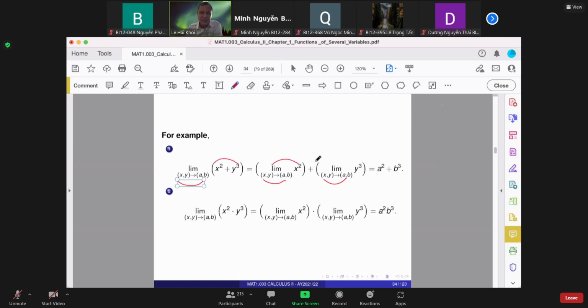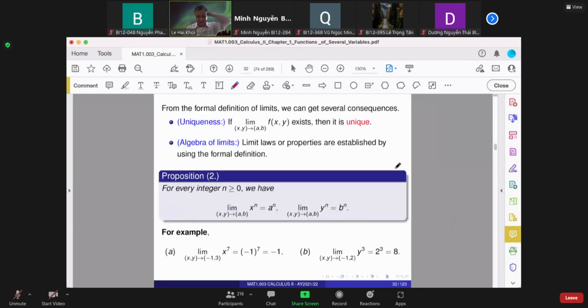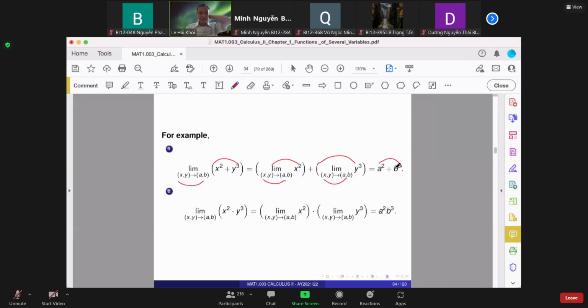You can take the sum of the limits, which is a squared plus b squared, using the proposition we talked about. Similarly, for the second, you have a product, and then you take the product of the limits, because each limit exists. Very important: each limit exists. Then you can have the product of the limits and get the answer.